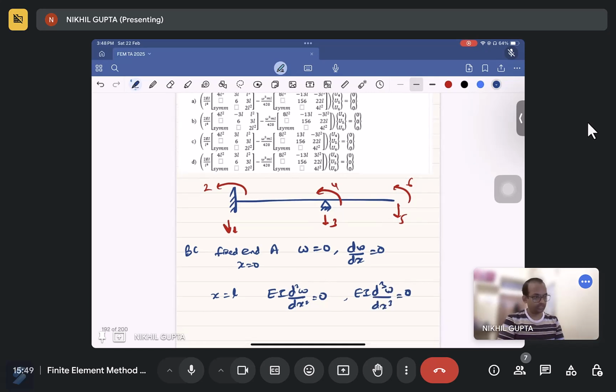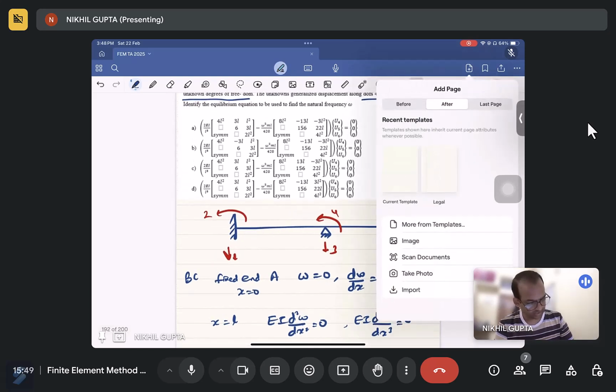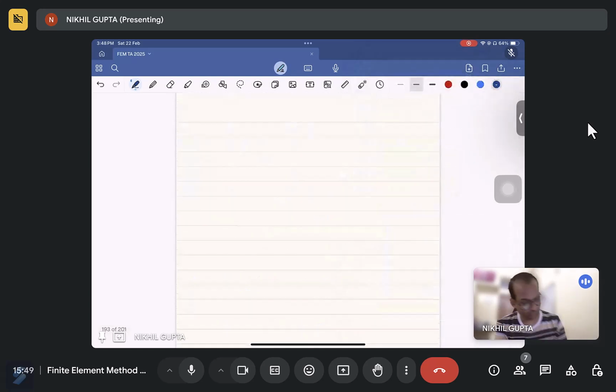Since it is a beam, we have solved it for the global stiffness matrix. I'll write the same we found in question number 1 and not waste time solving again. So the equation which we got was this.